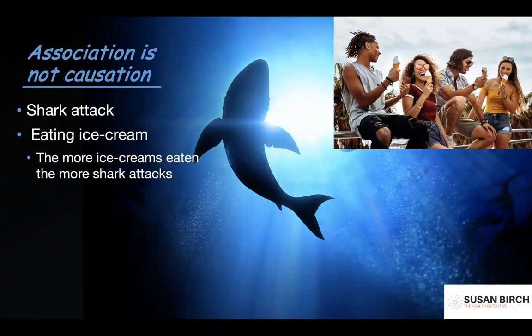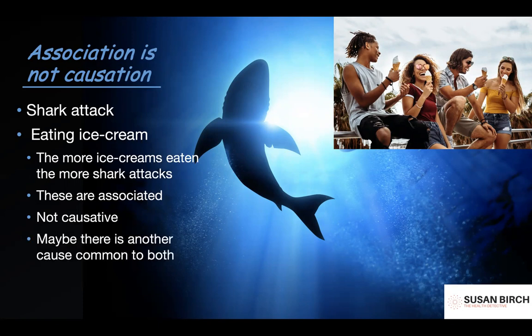The more ice creams eaten, the more shark attacks there are. So these are associated. It means both happen at the same time. It can't tell us that one caused the other. There may be another cause common to both. So in this case, perhaps the other cause is on hot days, more people eat ice creams and more people go swimming.